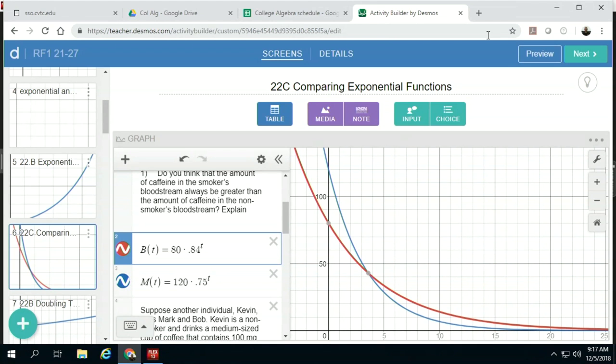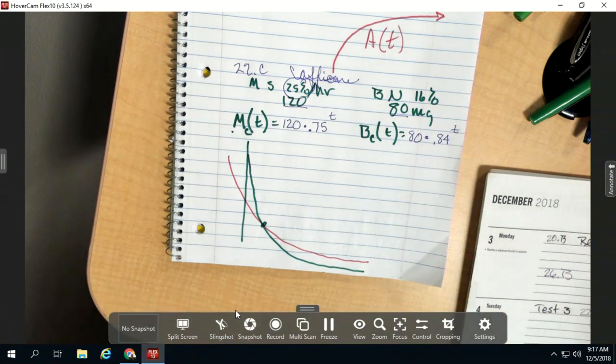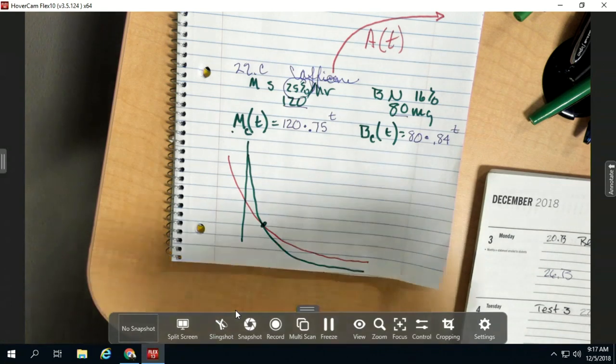Okay, so I sketched those two graphs. Is Mark's caffeine level always greater than Bob's? No, because after 3 hours, they cross.